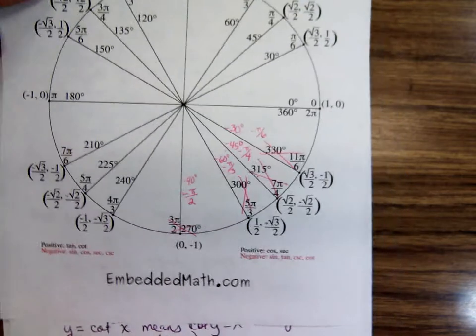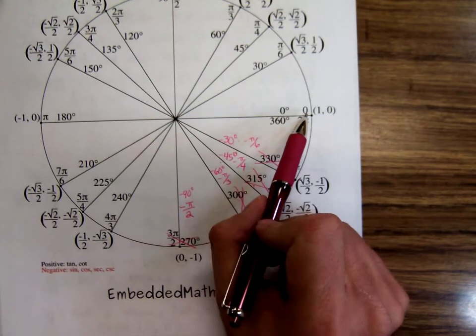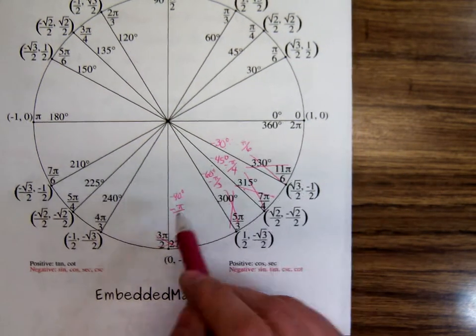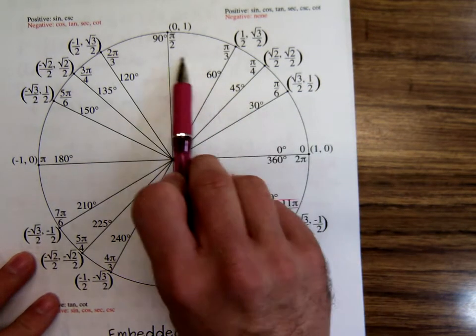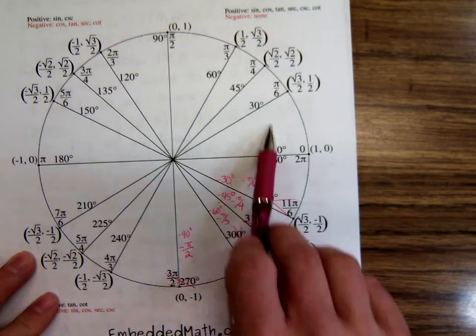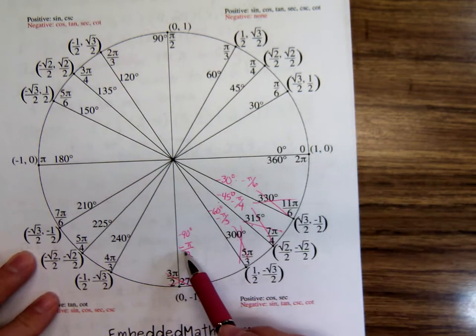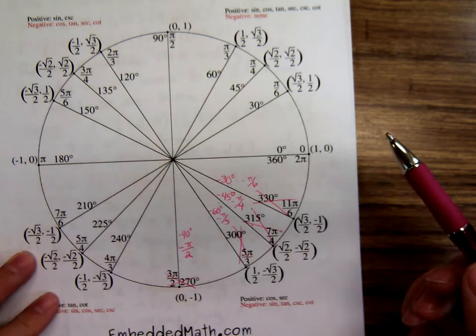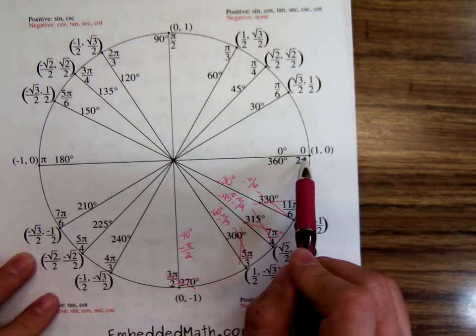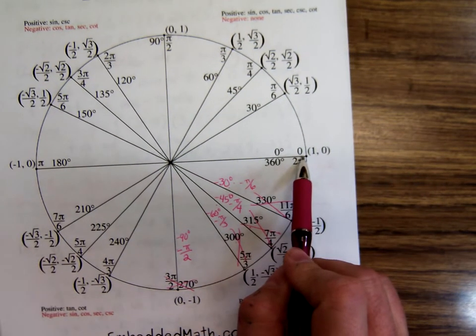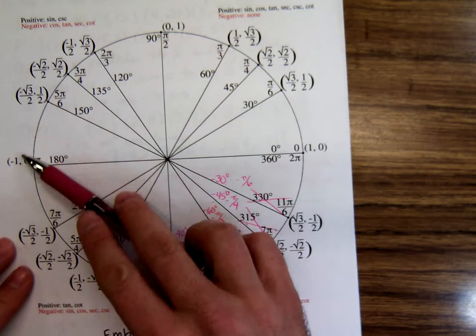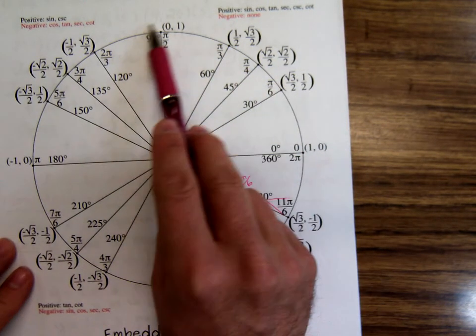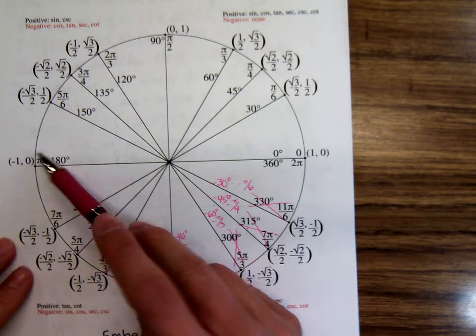Keep in mind, if it's inverse sine or inverse tangent, your answers are going to be angle measures between negative 90 degrees and positive 90 degrees, or in other words, negative pi over 2 and positive pi over 2. If it's inverse cosine or inverse cotangent, it's going to have answers between 0 and pi.